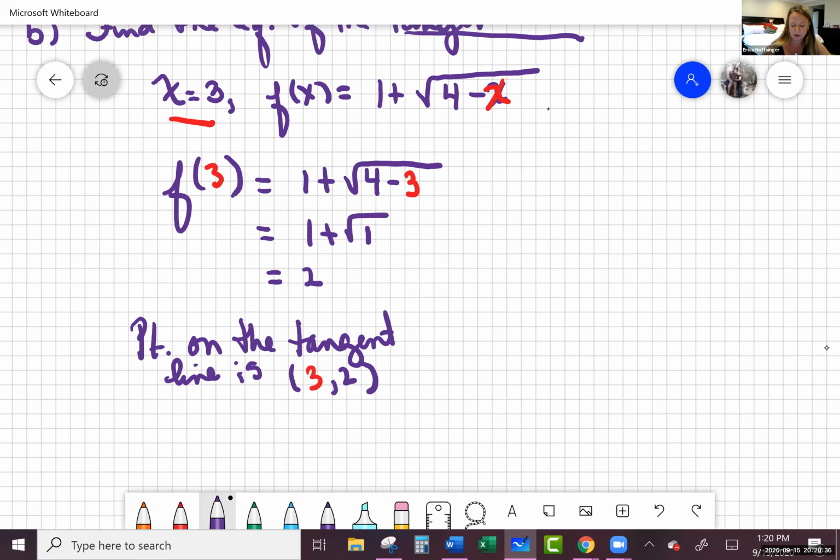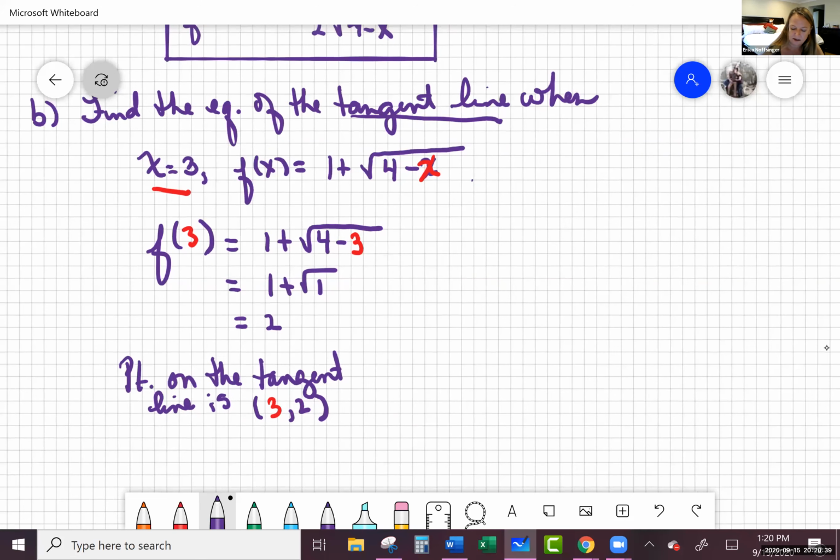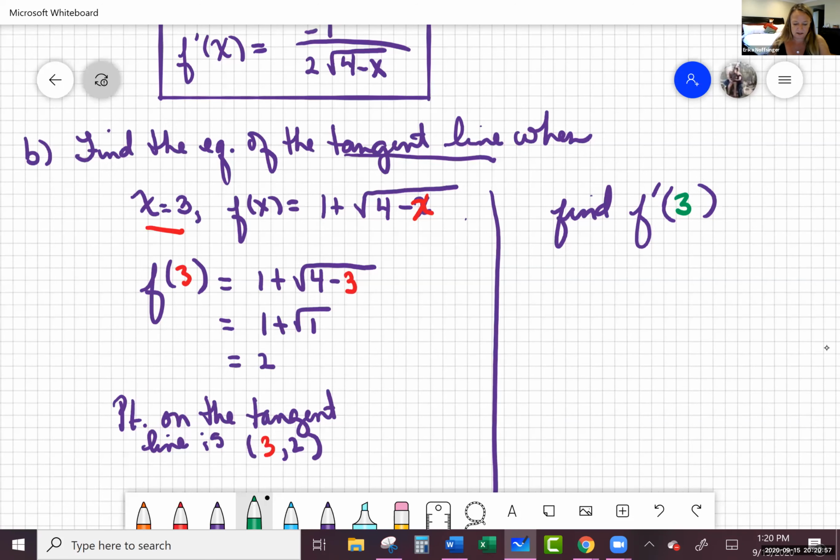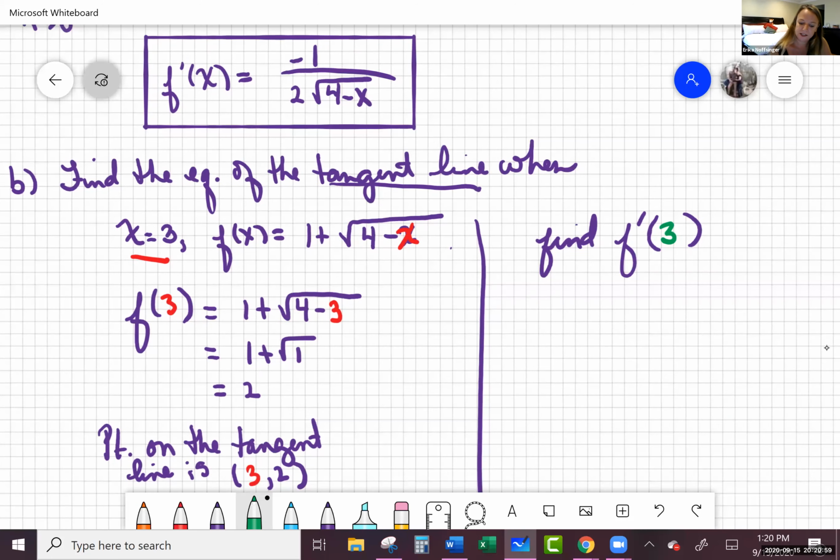And now we need the slope of the line. So we can find f prime of 3, and that would give us the slope of the tangent line. Okay, so we're just going to go into the derivative function now. And wherever we see an x, we're going to plug in 3. So f prime of 3 is equal to -1 all over 2 square root of 4 minus 3.